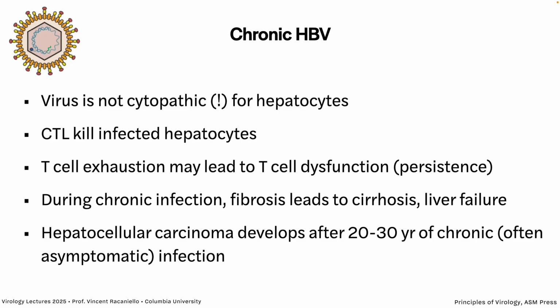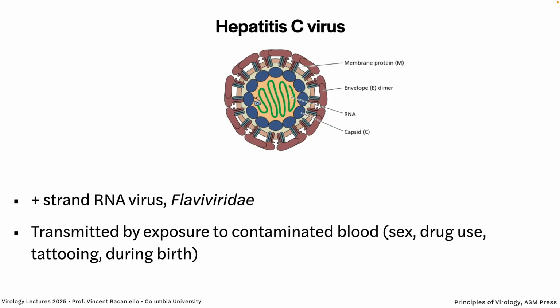In the meanwhile, your liver is getting scarred. We call that fibrosis. You get liver failure, and eventually, after 20 to 30 years of these cycles, it's often asymptomatic. You don't have any symptoms, although if you look at people's eyes, they're yellow, because that's the jaundice from the liver damage. They will develop liver cancer, which is fatal. Okay, so this is vaccine preventable.